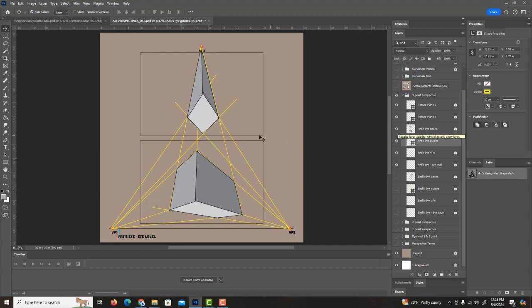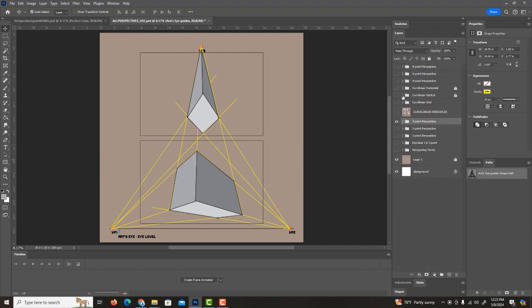And again, the further away the picture plane is from the horizon line, the more distortion is in the shape. And 3-point perspective is a very useful tool when you're drawing comic books, when you're drawing storyboards. It gives a very interesting perspective, an interesting point of view on the imagery.